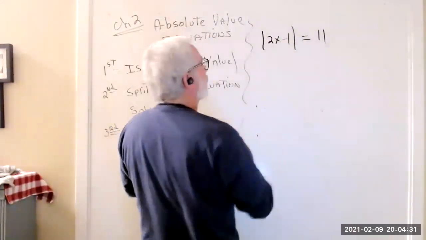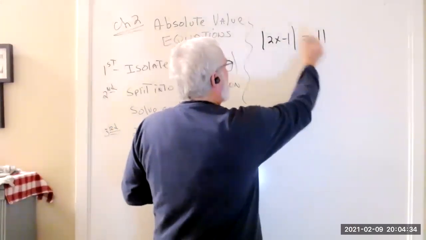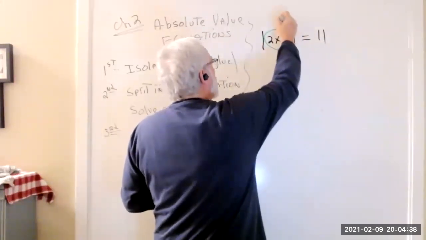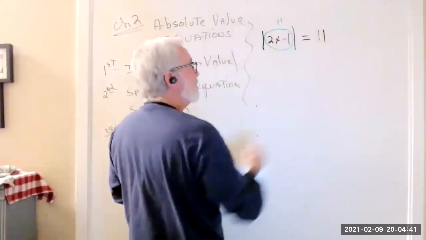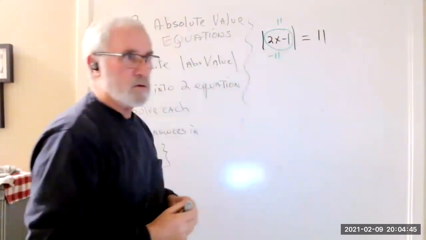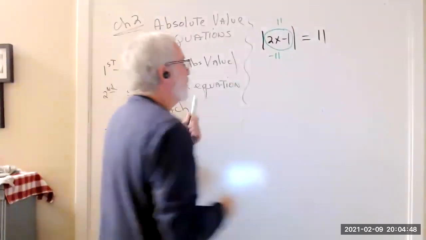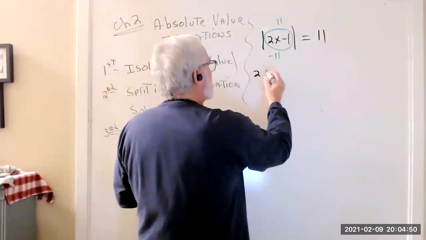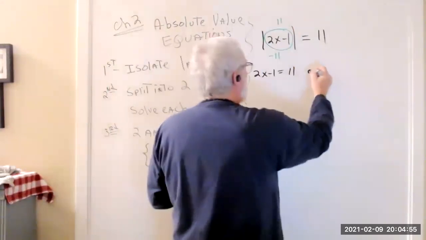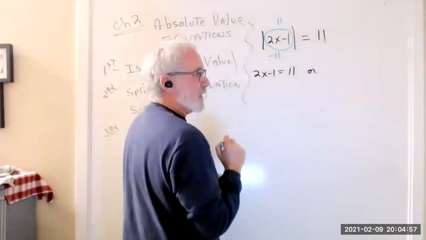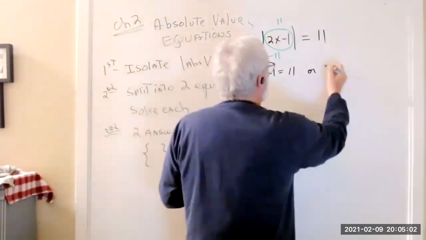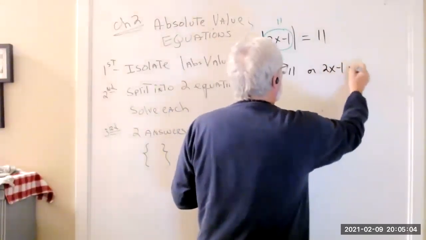This says the answer is 11, which means the entire inside could have been either worth 11 or it could have been worth -11. We don't know. So from this, we write 2 equations. We say 2x minus 1 could have been worth 11, or, and the or, by the way, is mathematically necessary, but I'm not going to take off if you don't write it, or 2x minus 1 is -11.